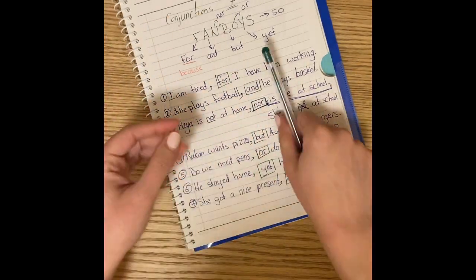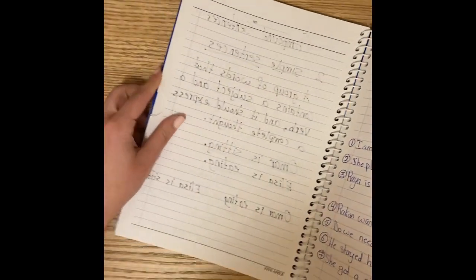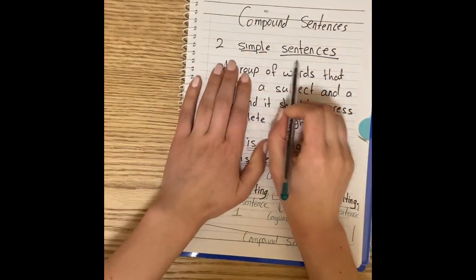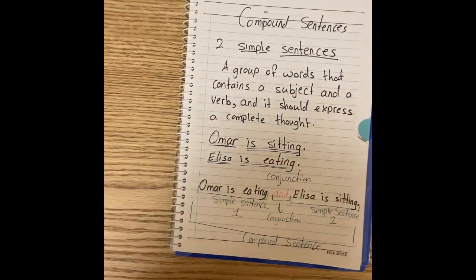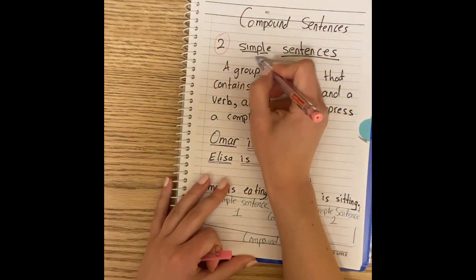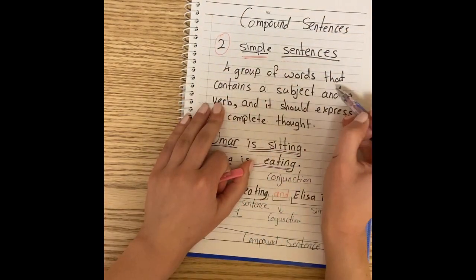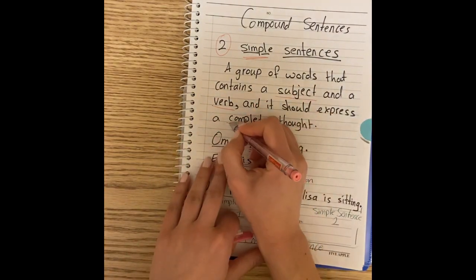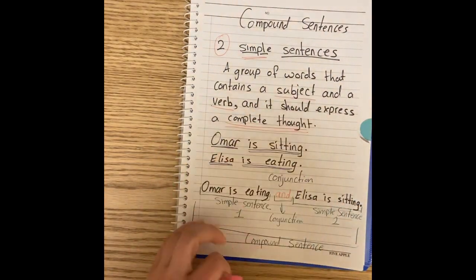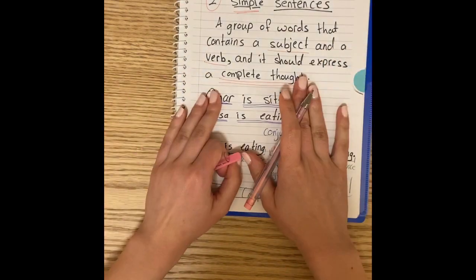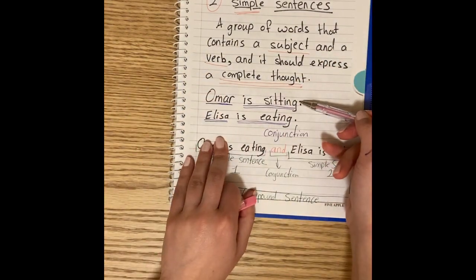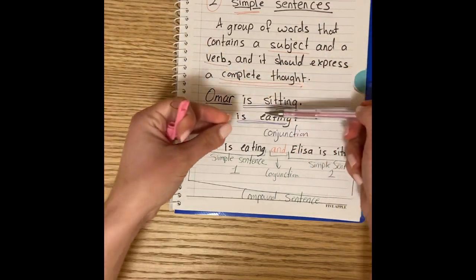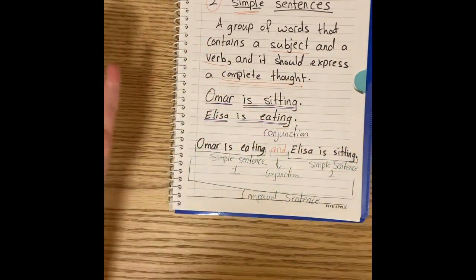Just to wrap up. Compound sentences, let's go back to the previous page. Compound sentences are two simple sentences. A simple sentence is a group of words that contains a subject, a verb, and it should express a complete thought. Now, two examples of a simple sentence: Omar is sitting, Elisa is eating. Now, I want to join them together.